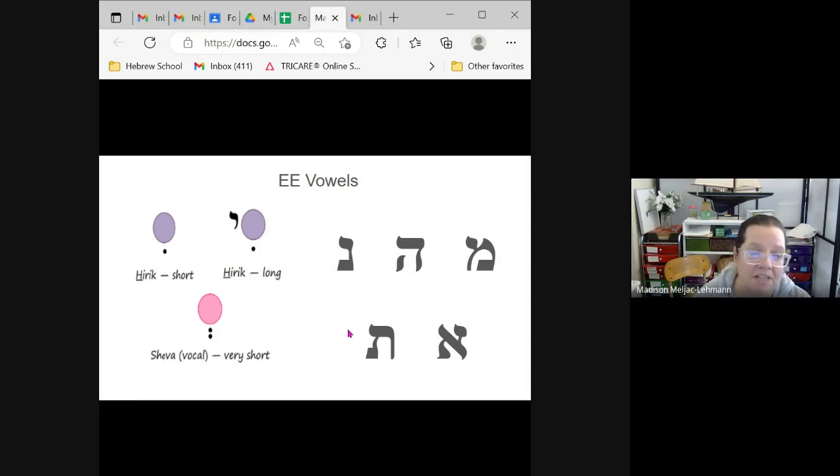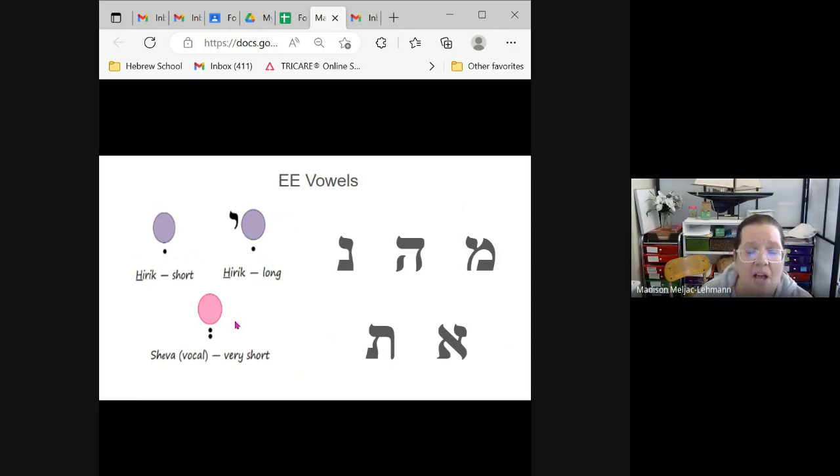Then Tav right down here, again, has T sound. With the short, it's ti, and with the long, it's tee. So think of it as a single E if you're short and a double E if you're long. That's another way to think of it. Okay, so those are your E vowels.